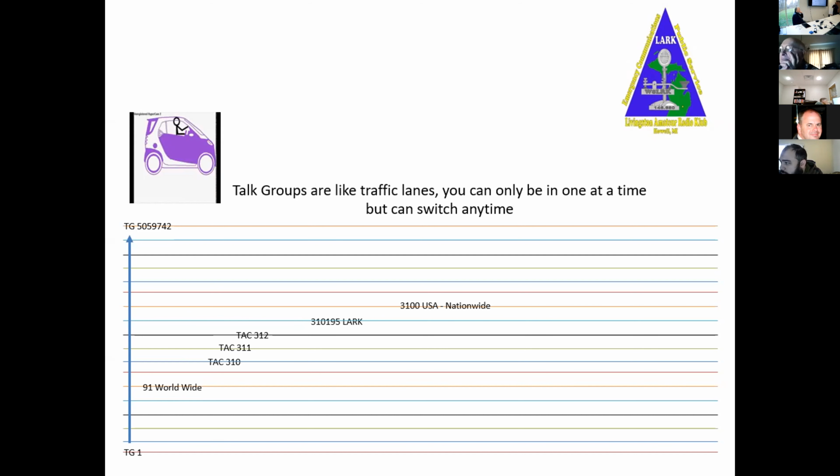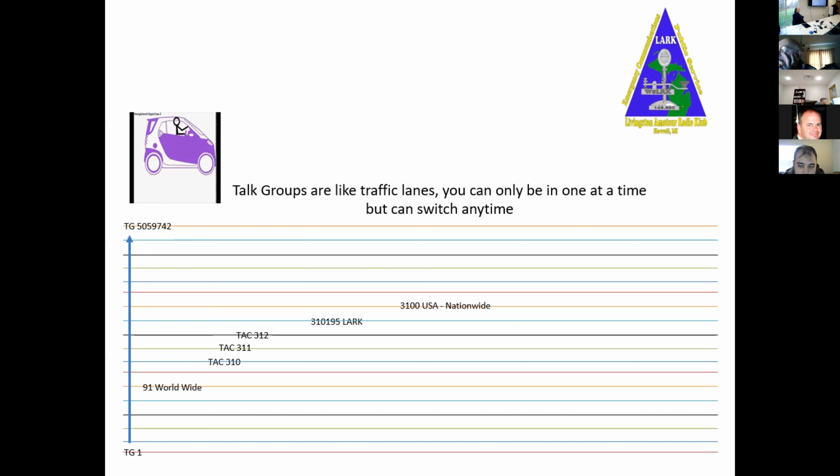When we registered our first repeater, we got 310.195. And we've been using 310.195 as the basis for our club for 5 years. When we registered the second repeater, it was 311.887. And we use that one now for about 3 years, 2.5 maybe.